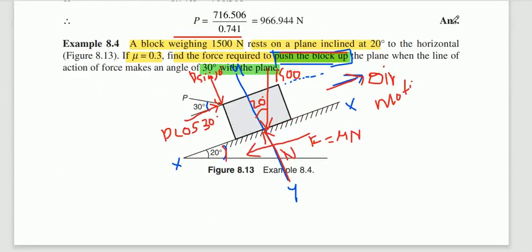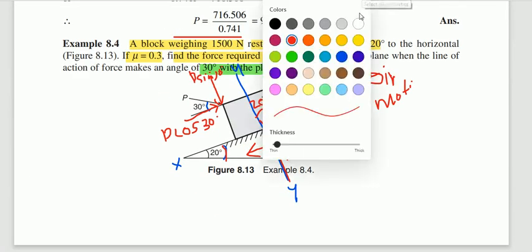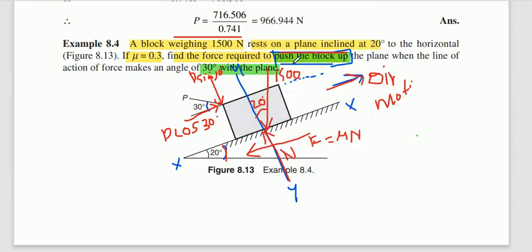How many vertical forces are there? Observe the figure. The weight of the block, 1500, is a vertical force, and N is a vertical force, and again the vertical component of this inclined force. Consider this y direction, this is your y axis now.